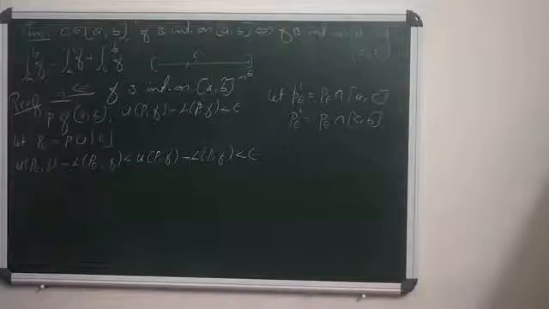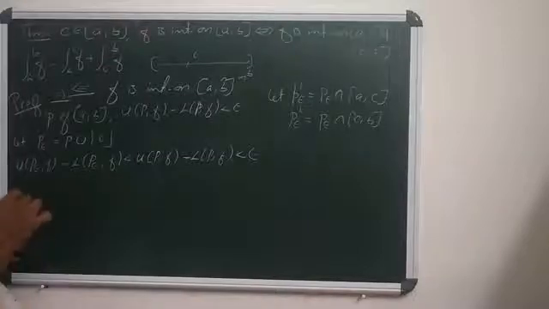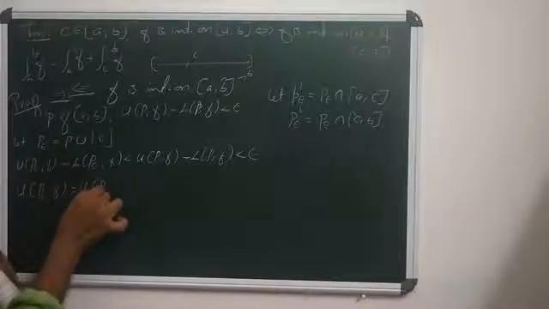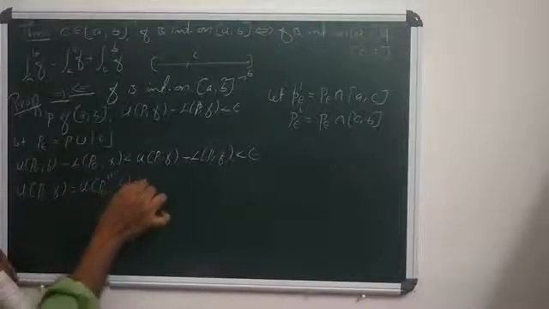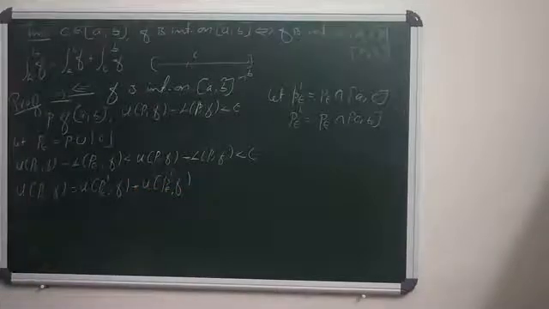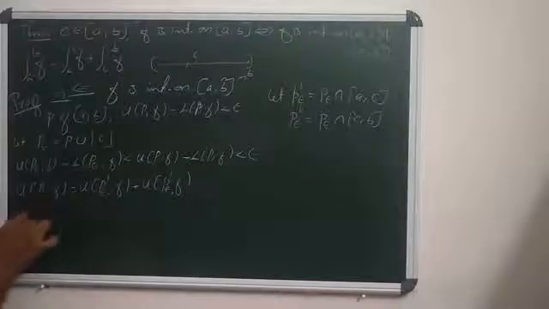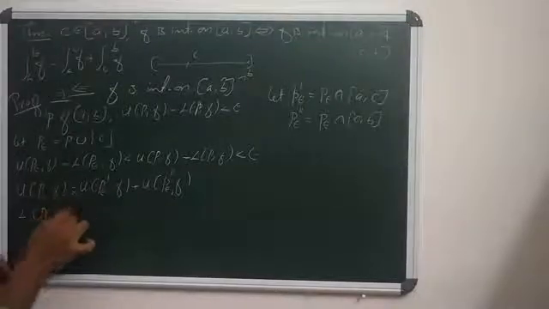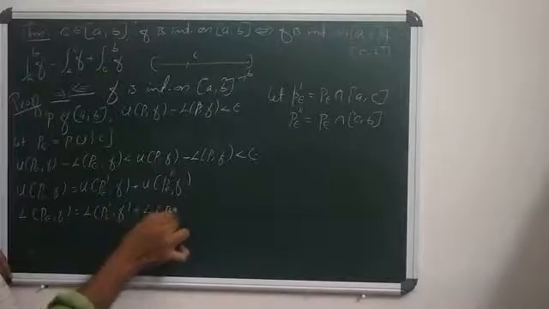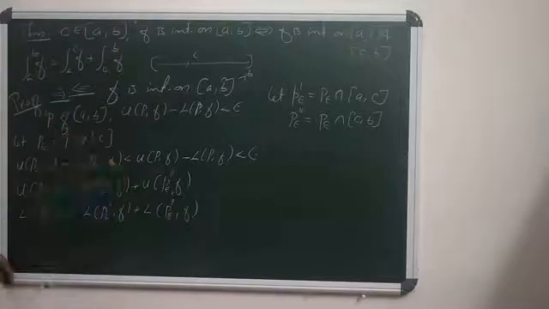Then clearly U(P epsilon,f) equals U(P epsilon dash,f) plus U(P epsilon double dash,f). Similarly, L(P epsilon,f) is nothing but L(P epsilon dash,f) plus L(P epsilon double dash,f).